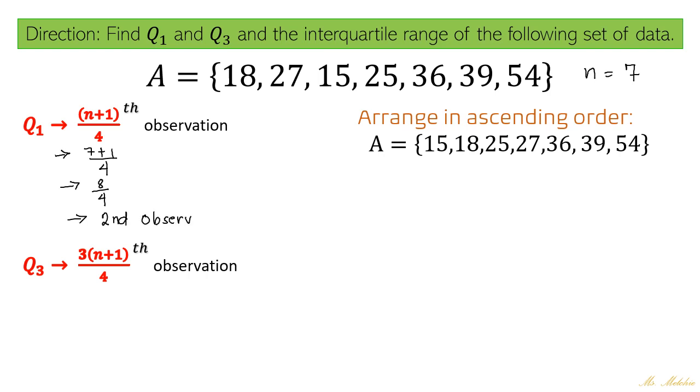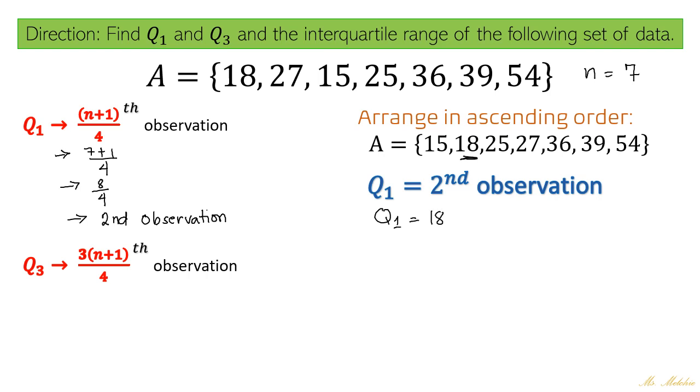And with that, you need to look for which score is your second in the rank or in the position. So you just simply count, 1, 2. So that means your Q1 is 18. And as easy as that.